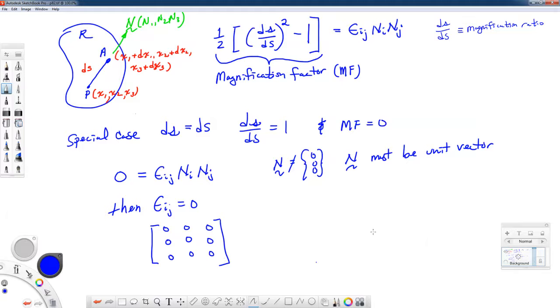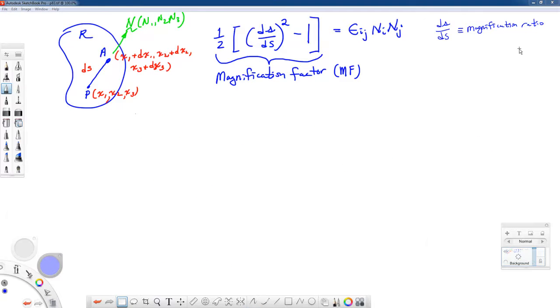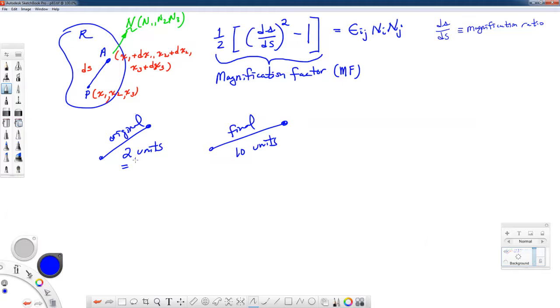All right, now let's take a look at our magnification factor again with another example. Okay, let's do something maybe a little bit more interesting. Say in our body, we had points A and P over here, and its length in between was 2 units. And after it's been deformed, it goes into its final configuration. Maybe it's over here somewhere, and it ends up with 10 units. Okay, so this would be d regular s, and this would be d script s.